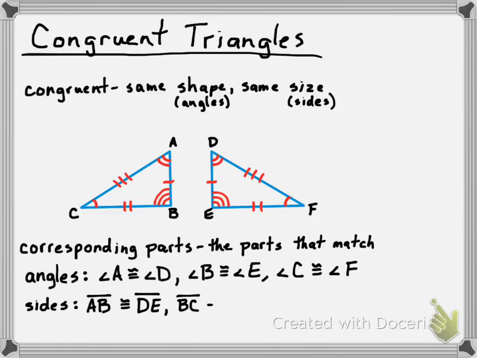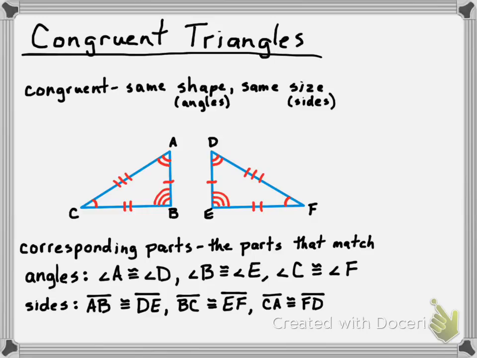I also see that BC is congruent to EF because from B to C has two tick marks and from E to F has two tick marks. And I also see that CA is congruent to FD because from C to A is three tick marks and from F to D is three tick marks.